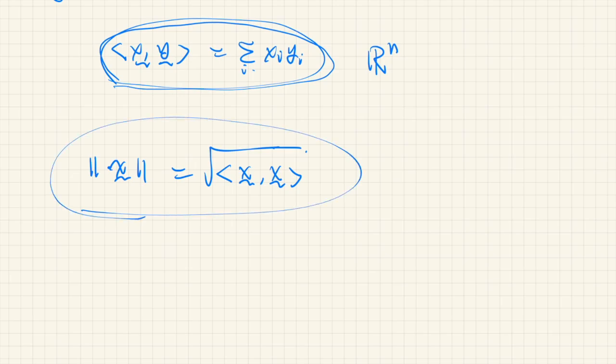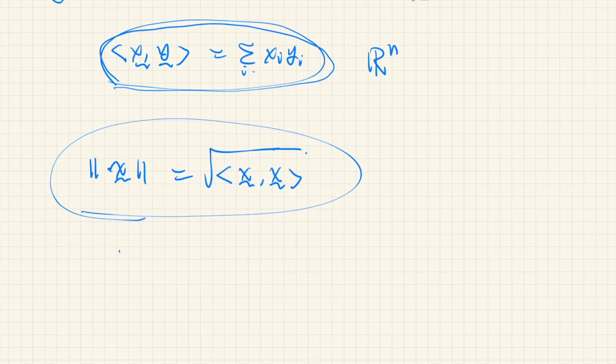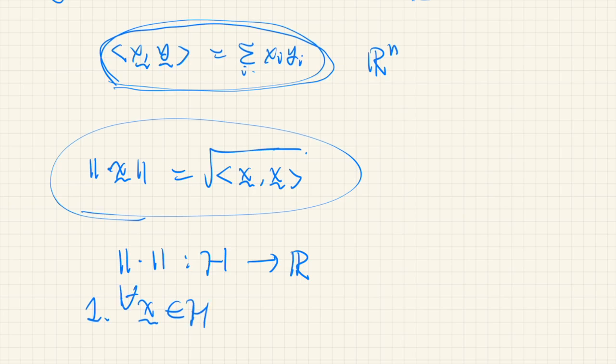However, we can actually define a norm independently of the inner product. In general, a norm is a function from a Hilbert space to the real numbers that satisfies the following conditions. First, it is positive semi-definite. So that is for any vector x, its norm must be greater than or equal to 0.